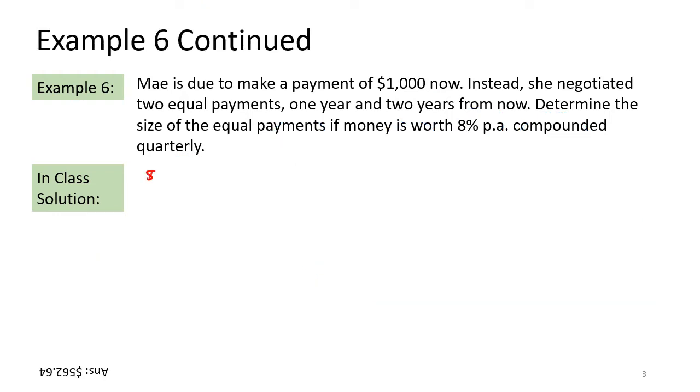So, like I said, we had $1,000, and that was equal to x divided by 1 plus 0.02 to the exponent 4, plus, again, x divided by 1 plus 0.02 to the exponent 8. So I'm going to simplify this. All right, what I'm going to do is solve for this bracket in the denominator.